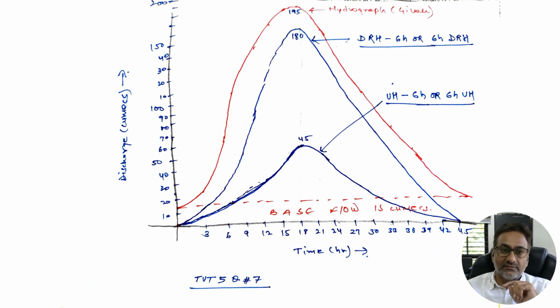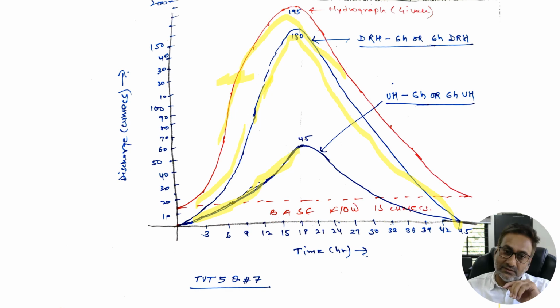Here are these values. The first, red, is the problem given, and all are plotted. All discharge in cubic meters per second is plotted against time. The second is when we reduce that 15 cubic meters per second of base flow, then we get a similar one. And if I divide all these values of the blue line by 4 centimeter, then the ordinates I get are those of the unit hydrograph.